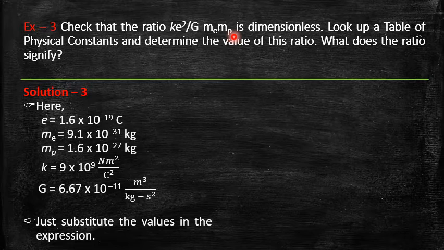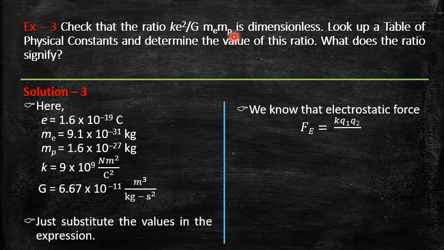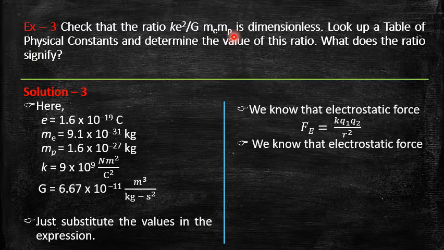But how do we get this? What is this expression signifying? So we know that electrostatic force is given as k q1 q2 by r square, isn't it? Force between two charges at r distance is k q1 q2 by r square. Similarly, we have gravitational force also, which is G m1 m2 by r square.